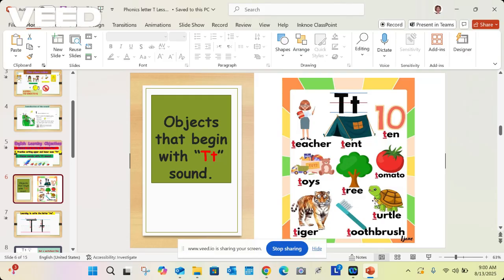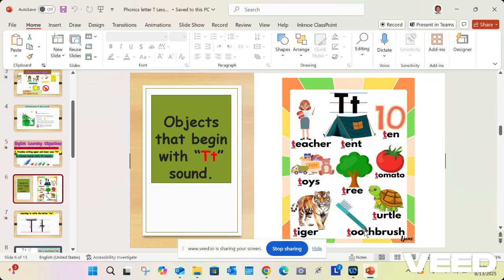Okay. In the aquarium. Now, T for tiger. T, t for tiger. And this one, we have it in the washroom. T for toothbrush. Toothbrush. Okay. And again, we have t, t for tooth or t, t for teeth.